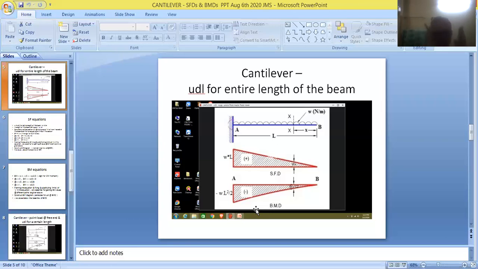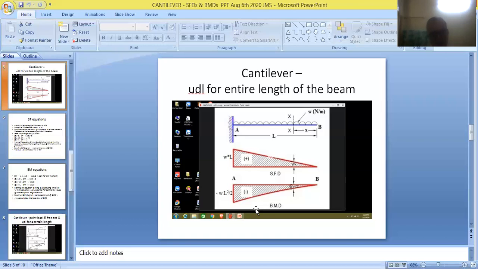Firstly, consideration of a vertical section at a distance of x meter from the free end or right end of the beam is important. The framing of equations is important. Fixing of limits is important. Substituting limit values in those equations is important for getting the values. The values are very, very important ultimately for construction of SF and BM diagrams.